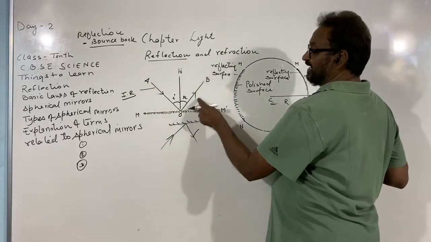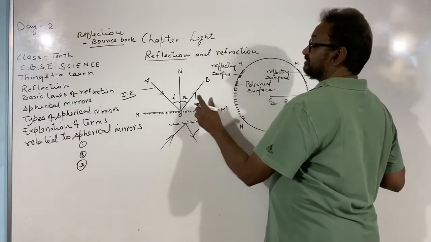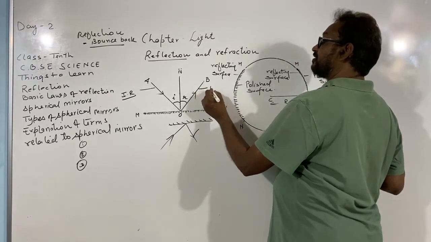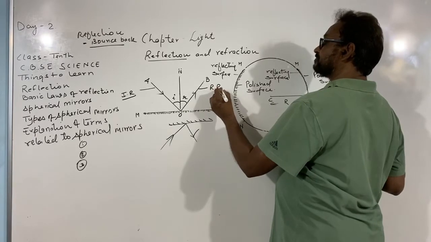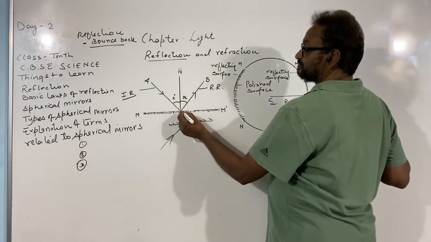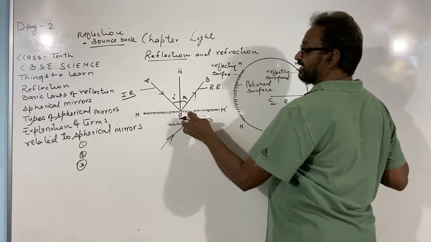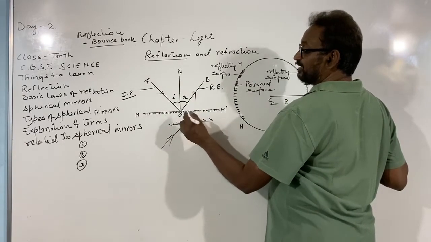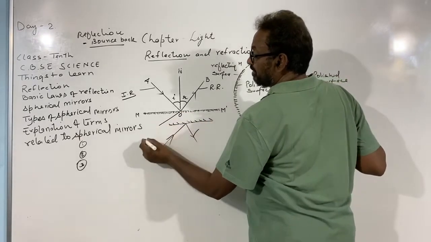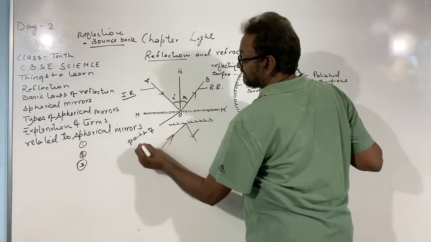The ray of light which is sent back after reflection is called the reflected ray. The point at which the incident ray strikes the mirror is called the point of incidence.